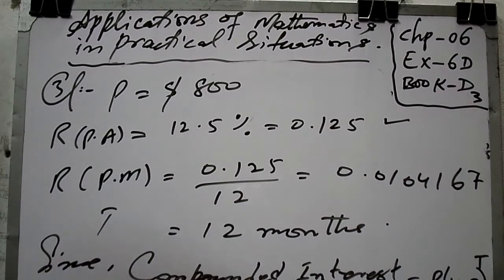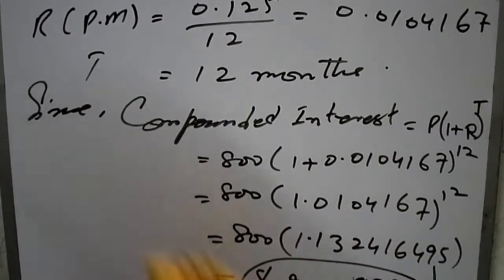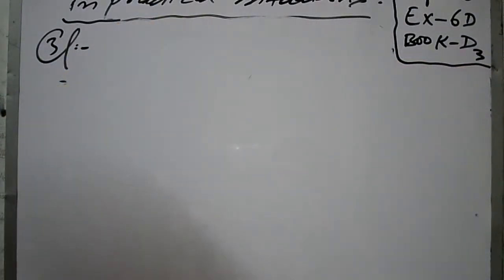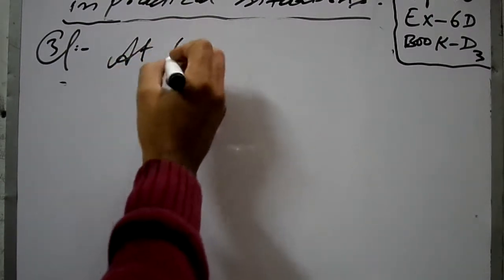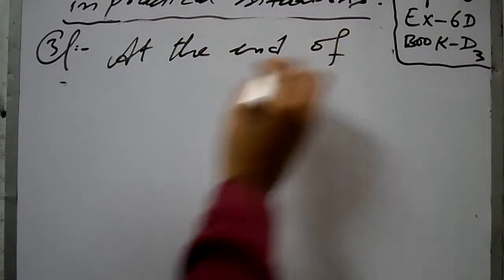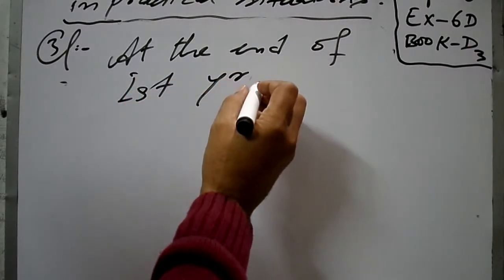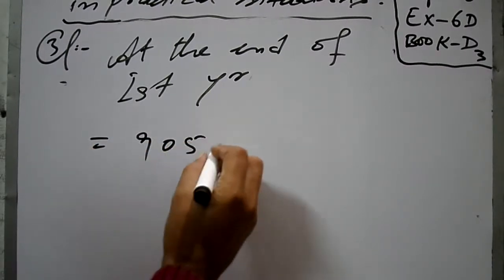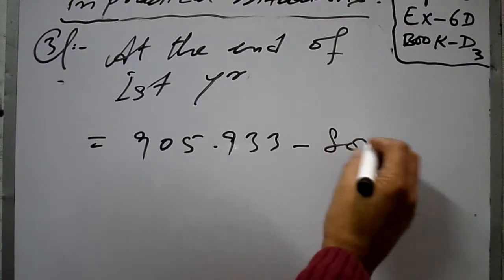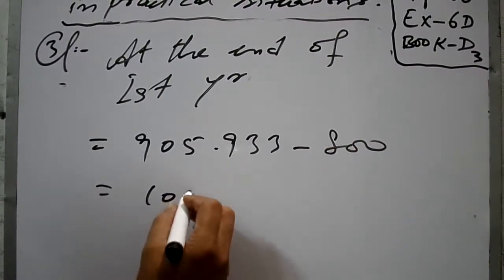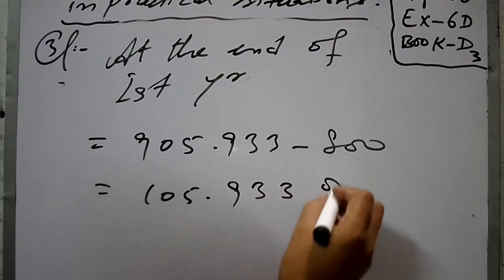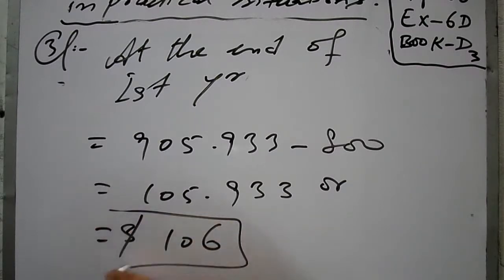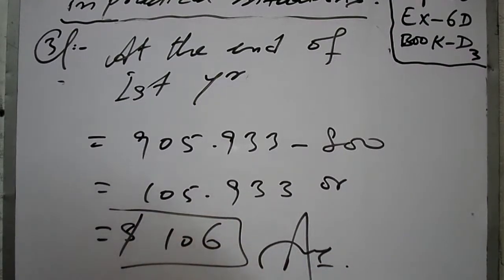So at the end of the first year we have calculated the amount, but the interest is that amount minus 800, because 800 should be subtracted, so you will get 105.933, or $106 approximately. So at the end of the first year, that is the required result.